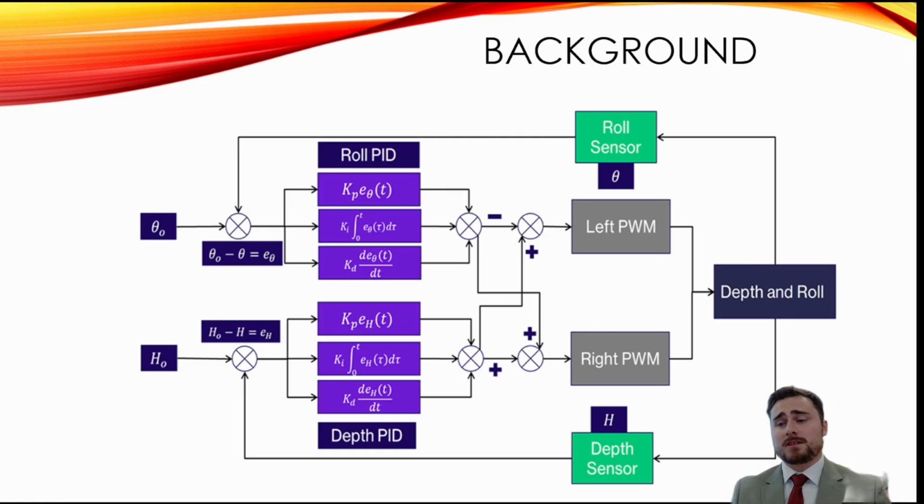Another large factor to consider for a PID controller is to determine if the system behaves in a linear manner and if it is fit to be an uncoupled design. So linearity is a mathematical property that describes how a system behaves. A system is said to be linear if it follows the principle of superposition, meaning that the total response, or the total output, is just the sum of individual inputs.